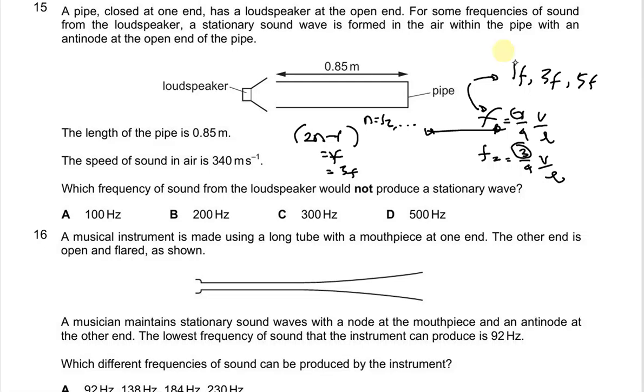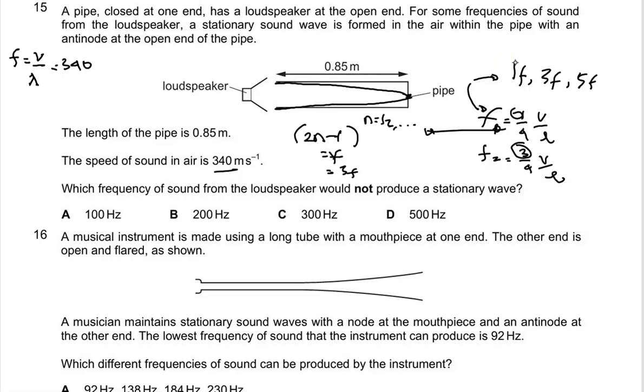Okay, so first what we have to do is to know the basic fundamental frequency of this tube. Frequency equals V per lambda. So V here is 340, and for lambda, the first pattern that happens in this pipe has a node at this end and an antinode at the other. So we connect a line from the antinode to the node.